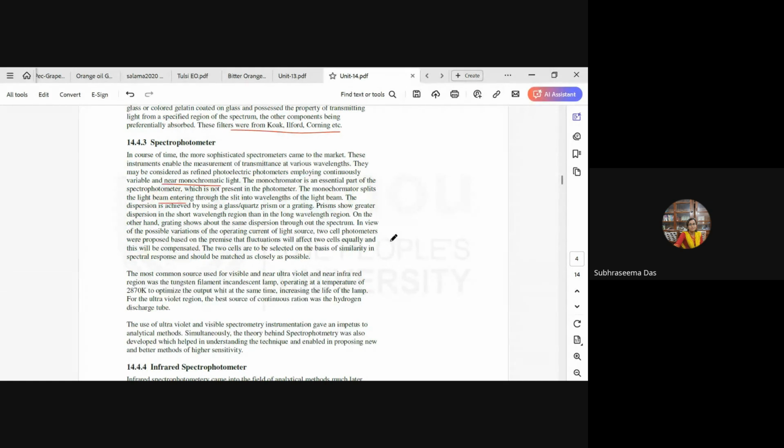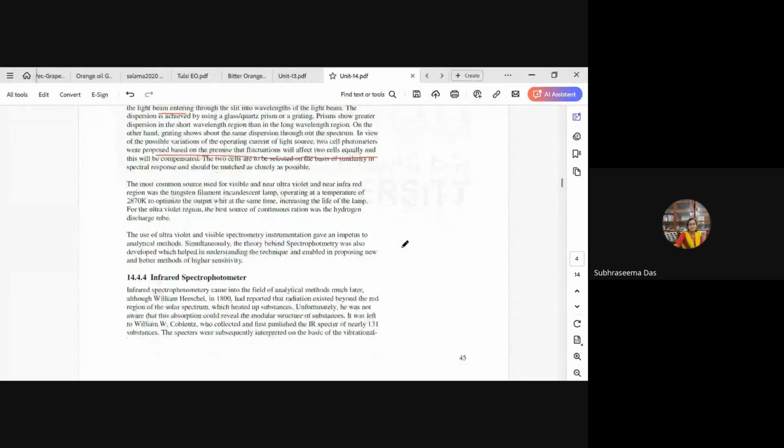In view of possible variations, two cell photometers were proposed so that fluctuations would be minimized. The most common source used for the visible, ultraviolet and near IR region was the tungsten filament incandescent lamp, which operates at 2700 K to minimize the output shift.